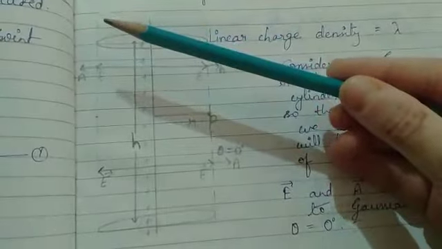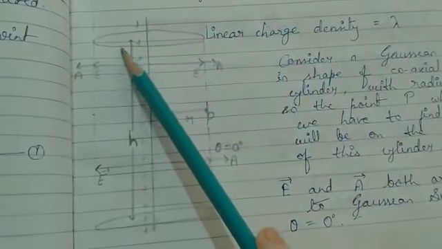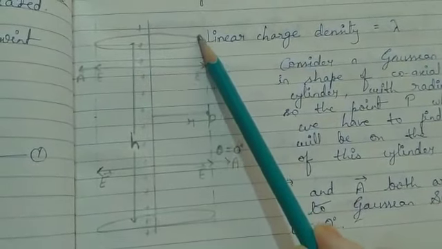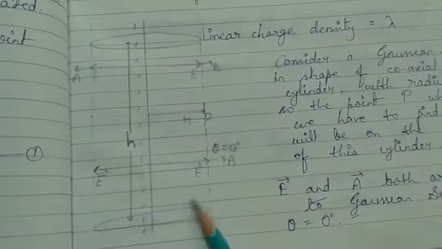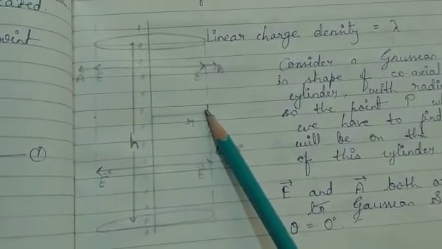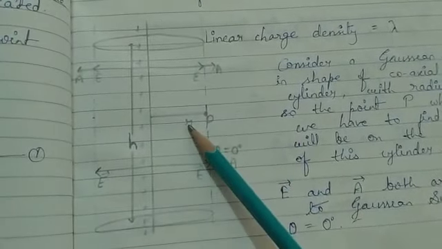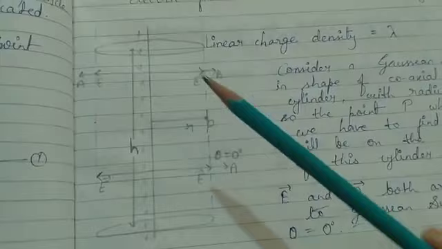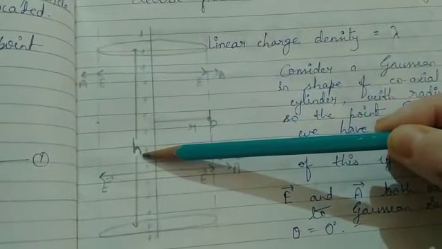So here you can see we have assumed a cylinder. This is one flat surface, this is another flat surface, and the point is at a distance r. So we have assumed a curved surface whose radius is r, and the height of the cylinder we took as h.